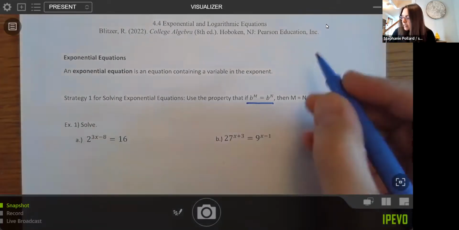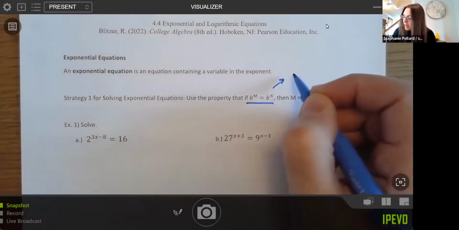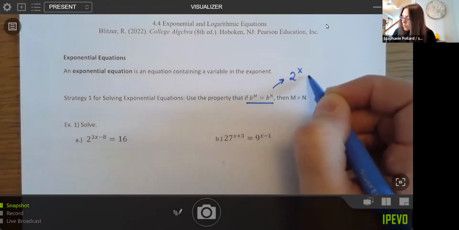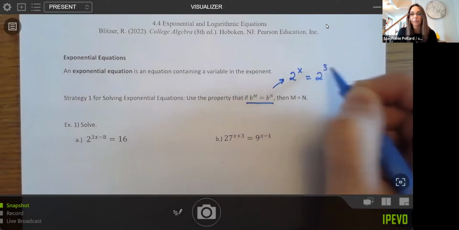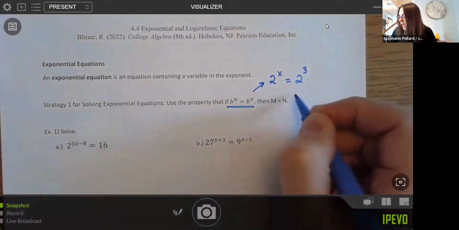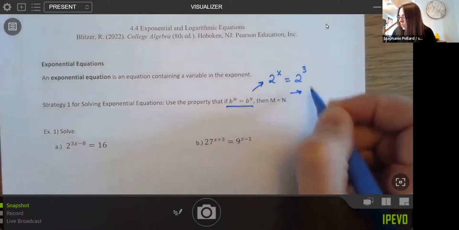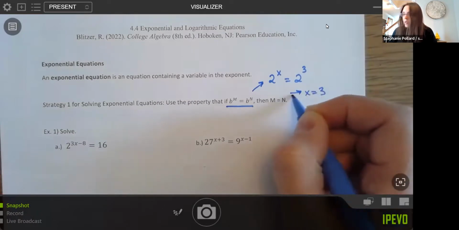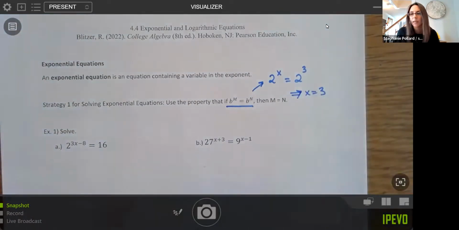As a very simple example, say you had 2 to the x equals 2 to the 3. For this to be true, the exponents would also have to be the same. To solve, you just set your two exponents equal to each other, and we get our solution that way. That's the property we're using here.